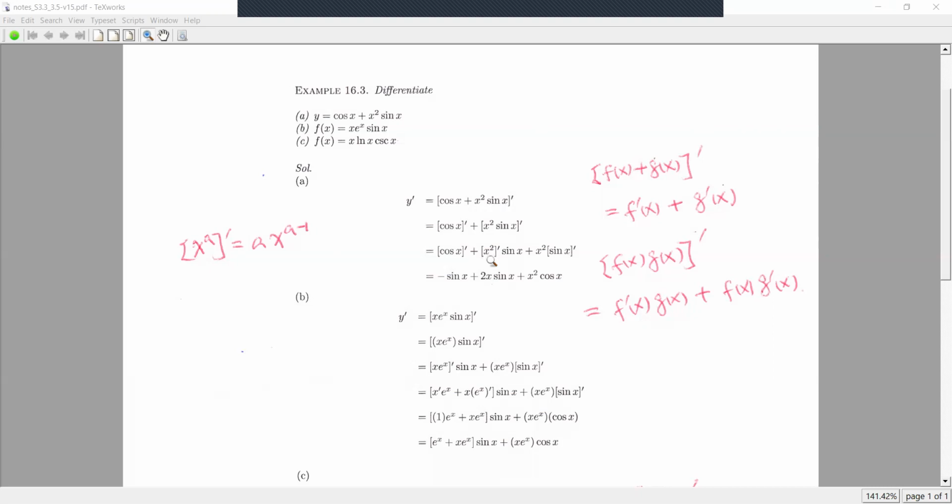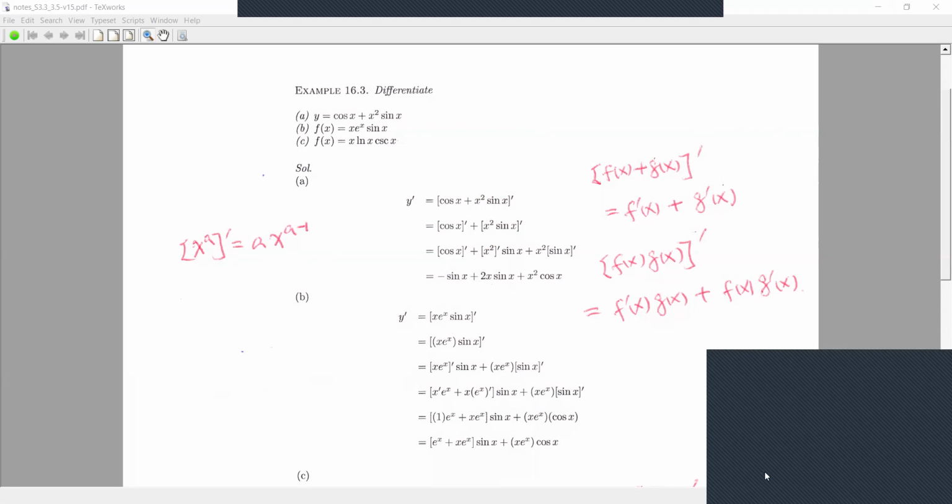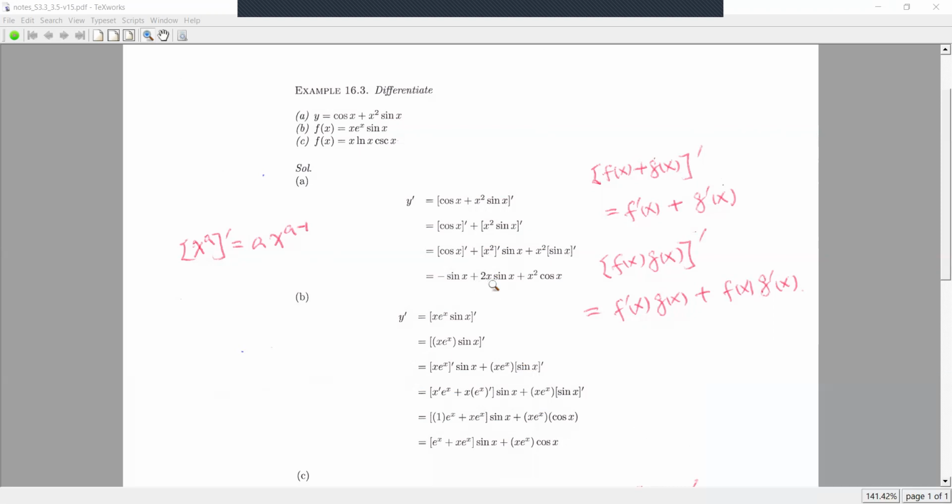Derivative of x squared is 2x by the formula for power function. Derivative of sine is cosine. Therefore, this is the derivative of the function in part A.